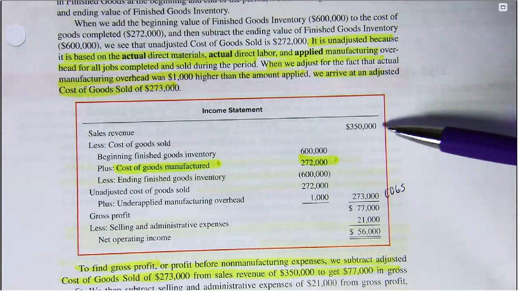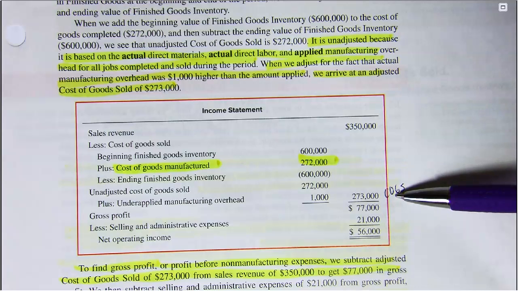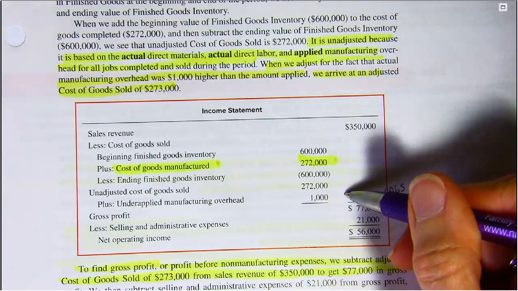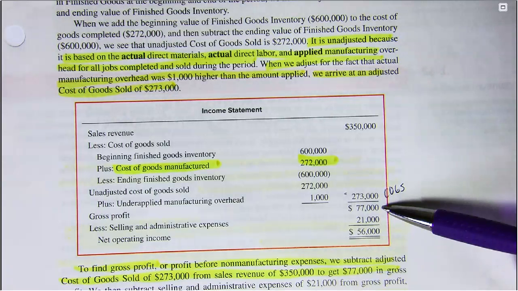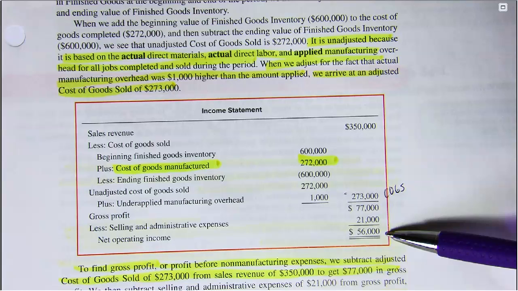We take our sales revenue, what we have sold at the selling price. We subtract out what we have sold but at its cost, $273,000, and that gives us our gross profit. From that, we subtract out our selling and administrative and general expenses to arrive at our net operating income.